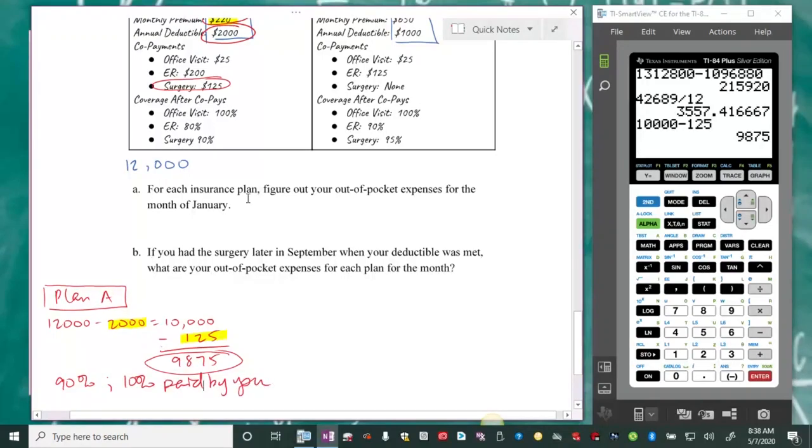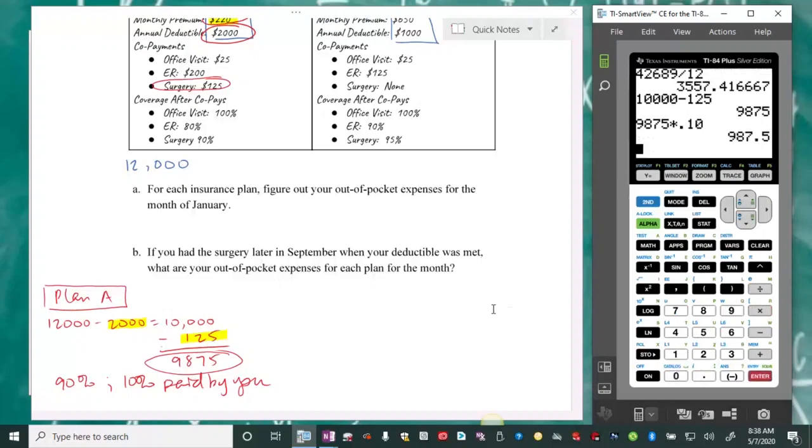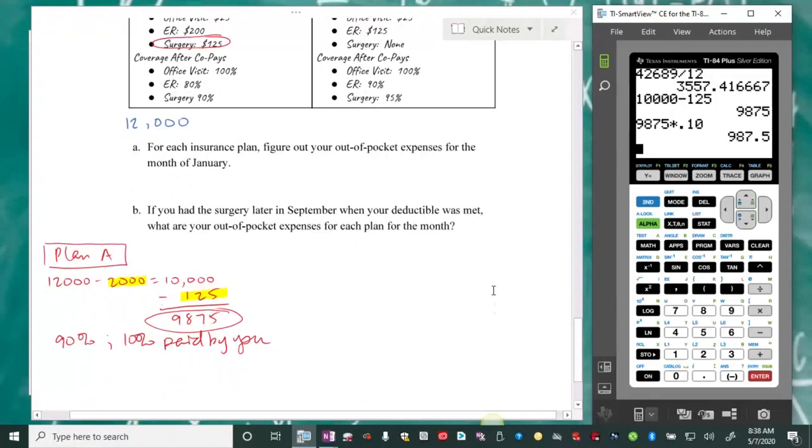So we also want to figure out what 10% of the balance is. So 9,875 times 0.10. I can also just move my decimal place. So that's $987.50. So of this balance, $987.50 is paid by you.